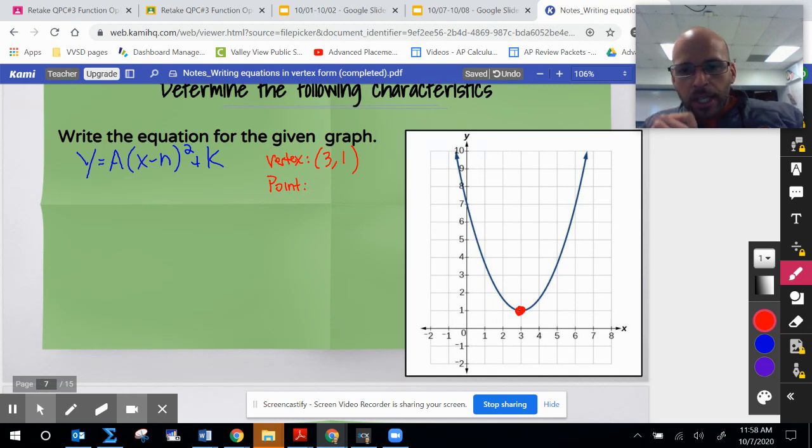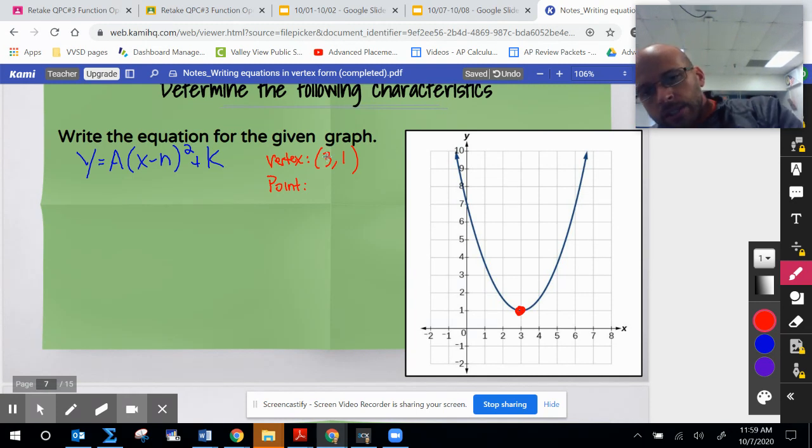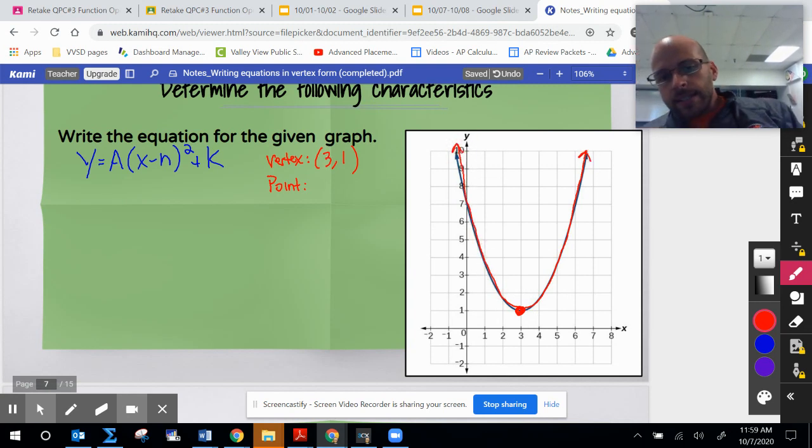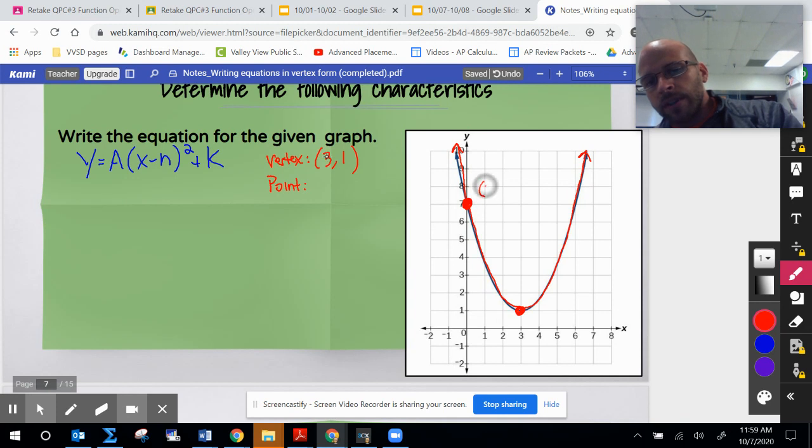That second point is anywhere where your curve hits the grid at a nice value. So if you follow this curve, I want to know where this curve hits my grid marks, where I'm not approximating. I know exactly where it's going to hit. So I have one. The y-intercept for this problem is actually very nice, (0, 7).